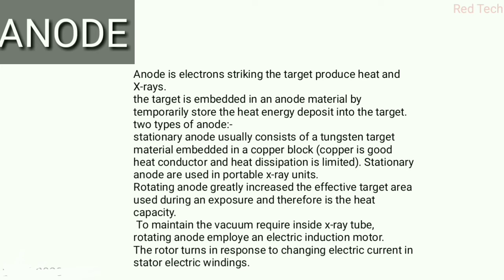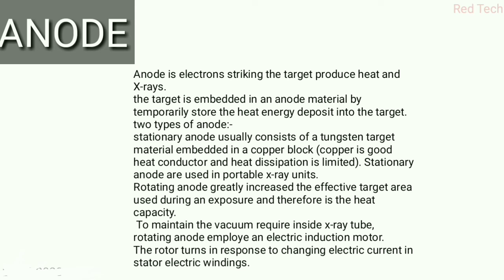A good conductor can conduct heat, and dissipation means spreading out of the heat. So we use the copper block and place tungsten in it. The stationary anode is basically used in portable X-ray units, or portable X-ray machines.